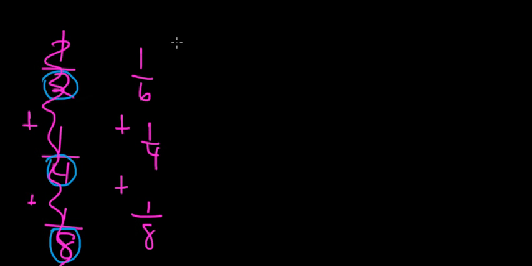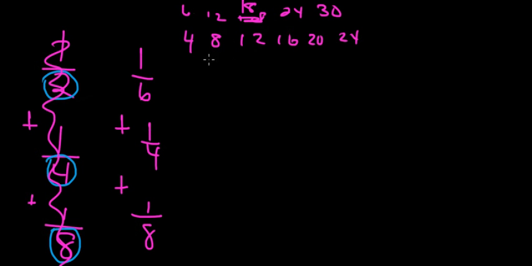I want to do multiples. So I start with 6: 6, 12, 18, 24, 30. For 4, I have 4, 8, 12, 16, 20, 24. For 8, I have 8, 16, 24, 32.